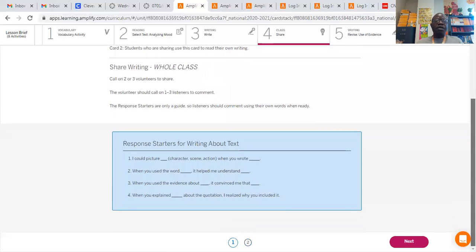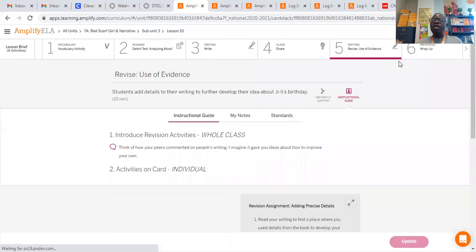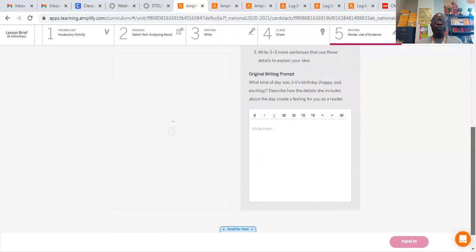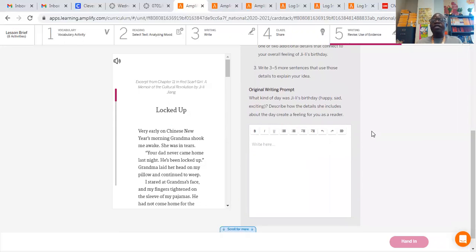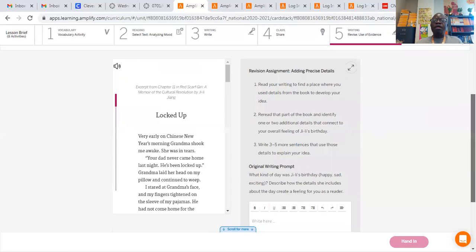The next thing, response status for writing about text. So this is for your individual use. Consider this, and then we go to the next. Okay, we're still going to listen to the same text and then answer questions. So the first question: read your writing to find a place where you use details from the book to develop your idea.